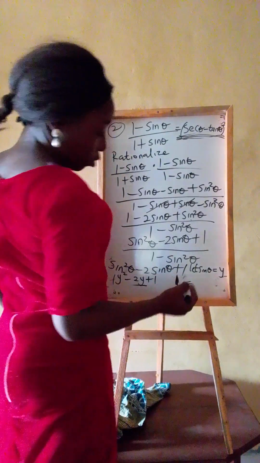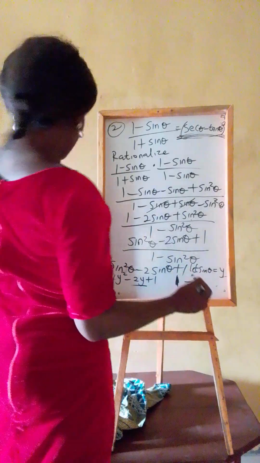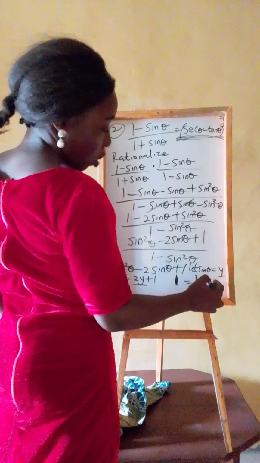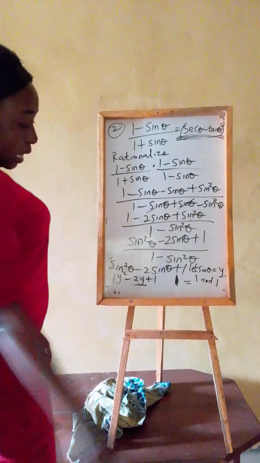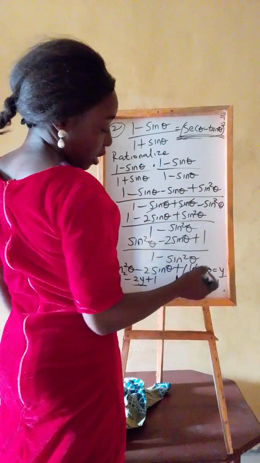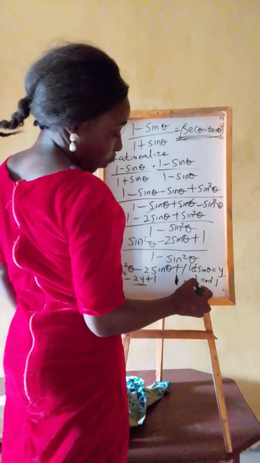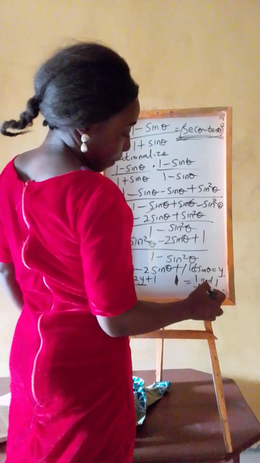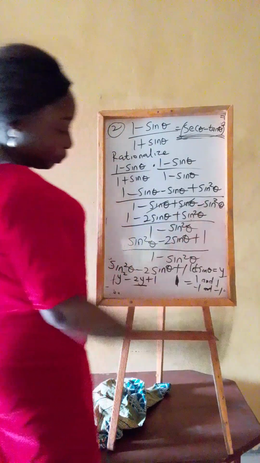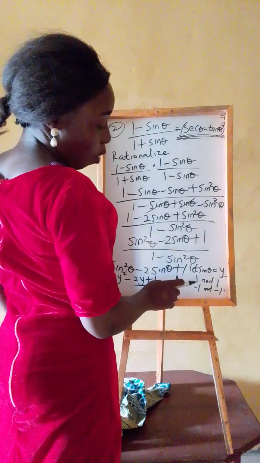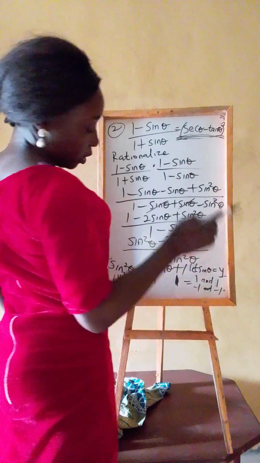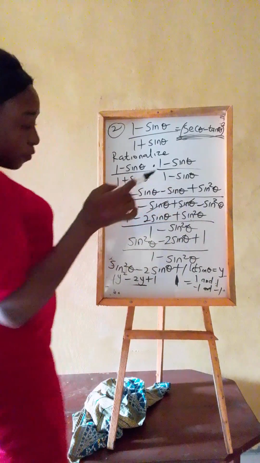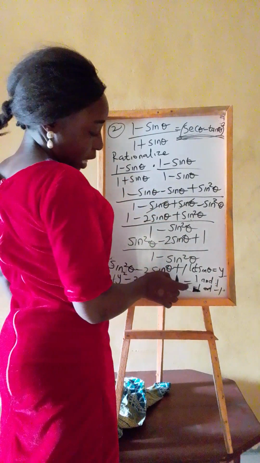Factors of 1 are 1 and 1. Another option is changing the sign: minus 1 and minus 1. 1 times 1 is 1, and 1 plus 1 gives 2.